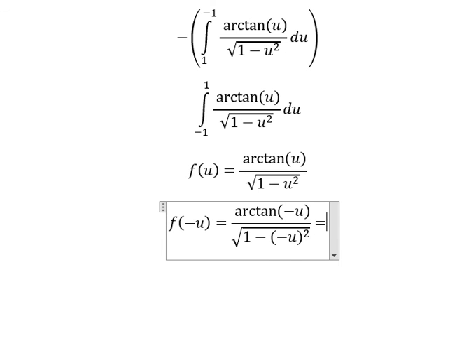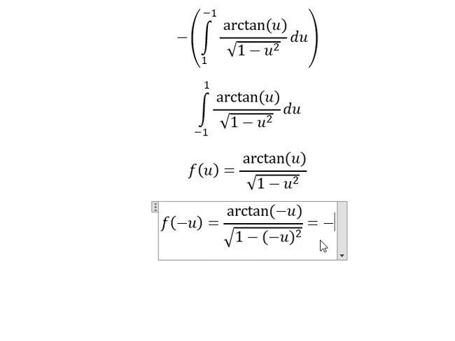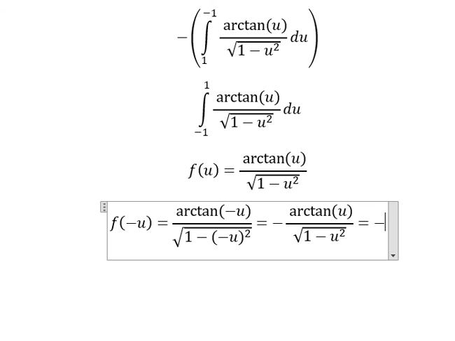And this one we have negative of this one. Because arctan of negative u, we get negative arctan u. This one we have the power number 2. Power number 2 is an even power, so we have the positive in here. So that means we have negative f of u.